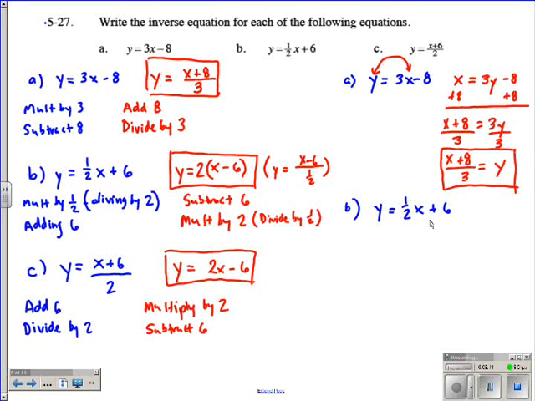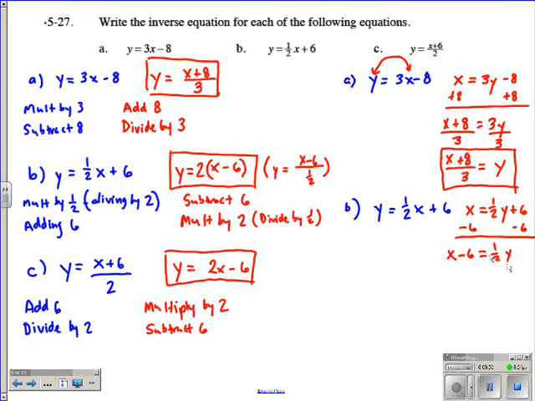So the first thing we need to do is rewrite it. And we're going to rewrite it now with our x and y's swapped out. So we have x equals 1/2 y plus 6. Let's get y by itself now, so we subtract 6 from each side. We have x minus 6 is equal to half a y.